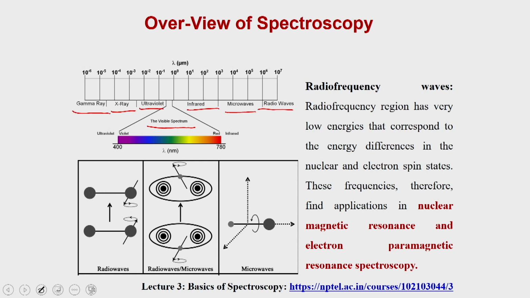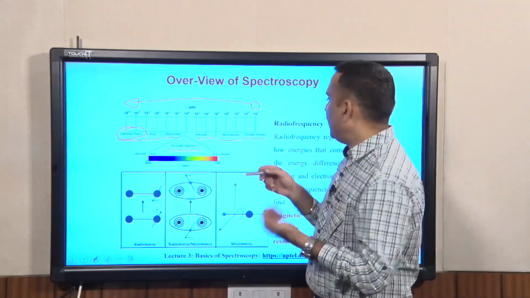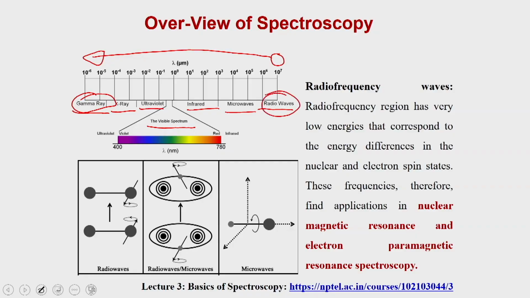You can imagine that if you put the values in terms of the energy, this is the lowest energy and it increases in this fashion, which means the gamma rays have the highest energy, whereas the radio waves contain the lower energy.